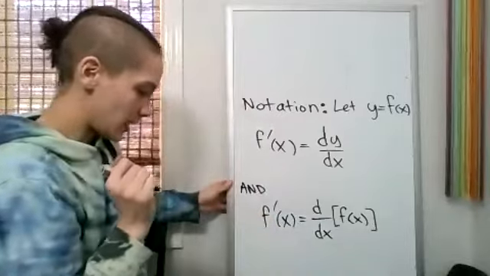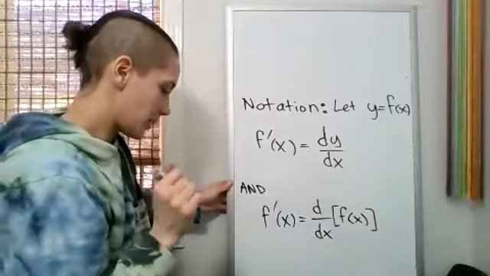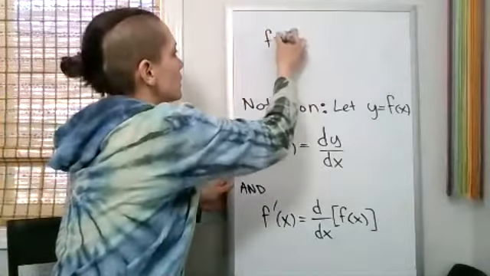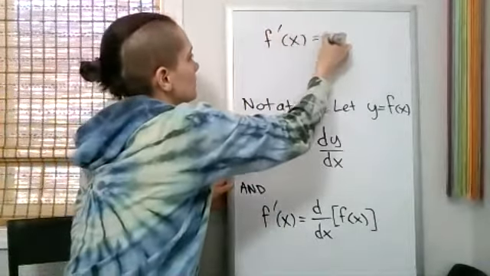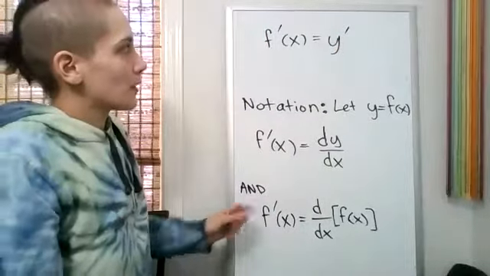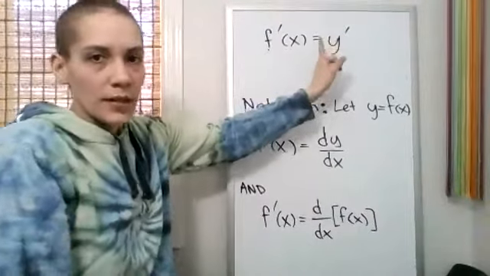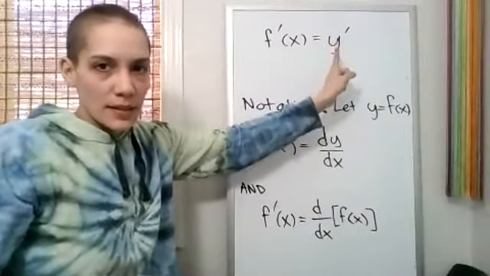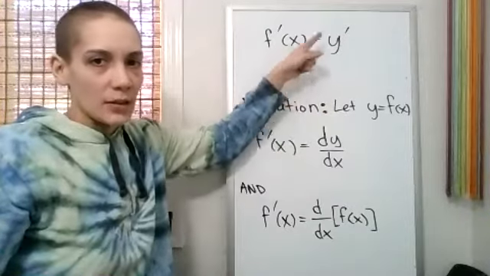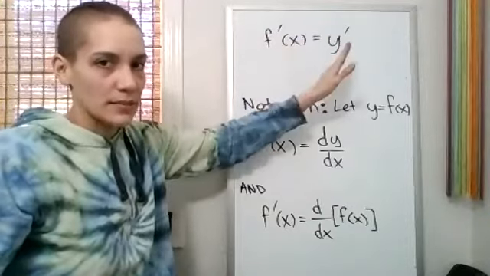So I have f prime of x equal to y prime, or the derivative of y. And y is some function in x, so take the derivative with respect to x.